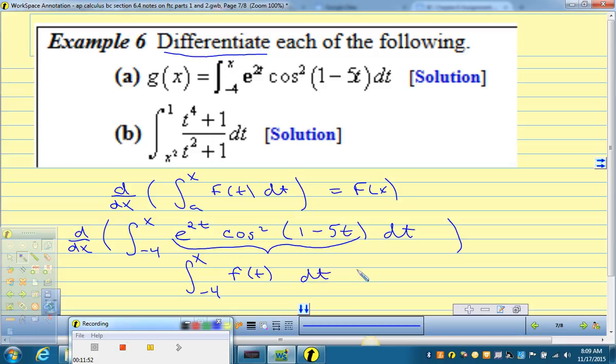What is the antiderivative of lowercase f of t? Capital F of t evaluated between -4 and x, which means capital F of x minus capital F of -4. So that's what the definite integral is.